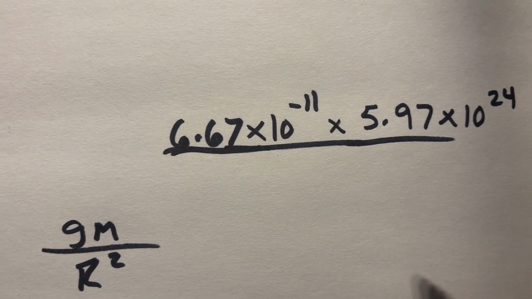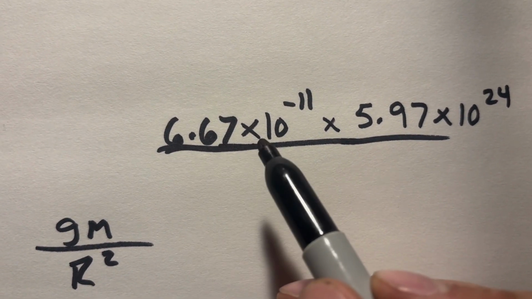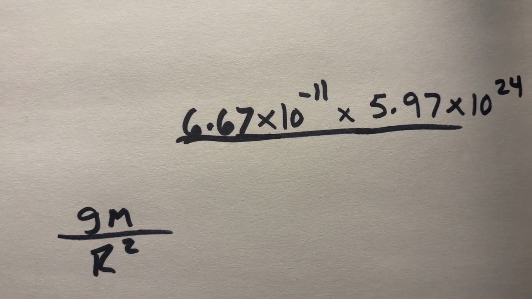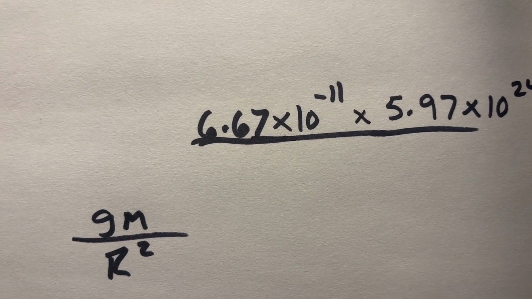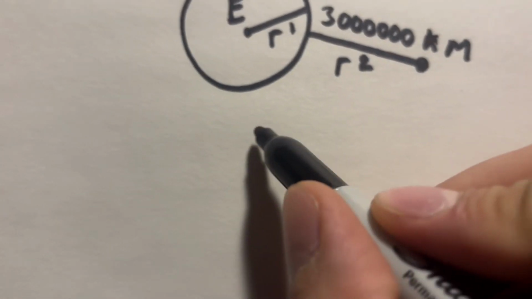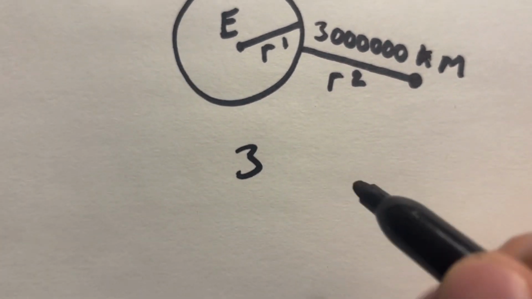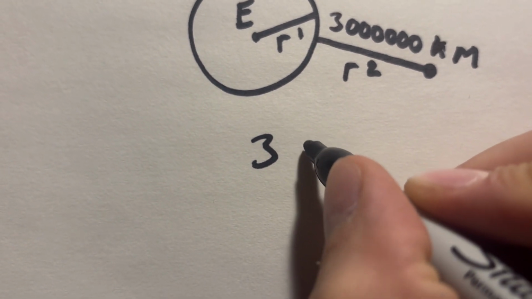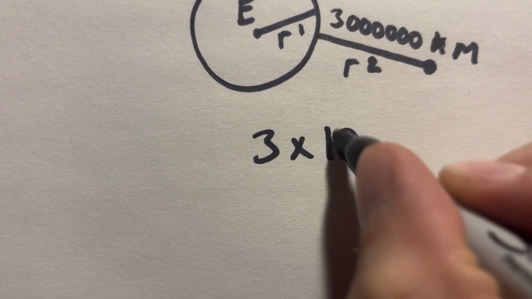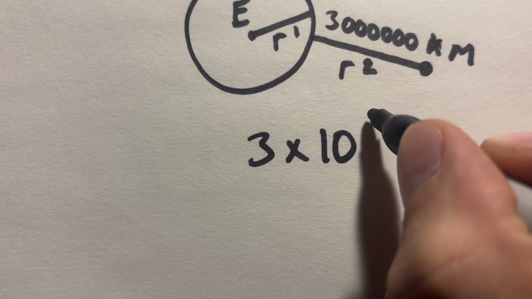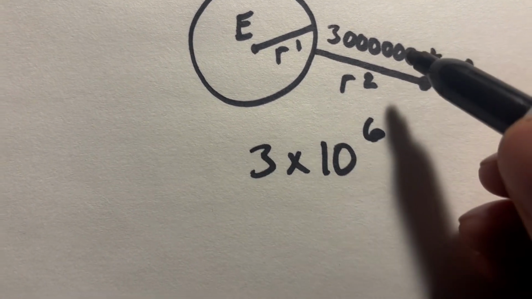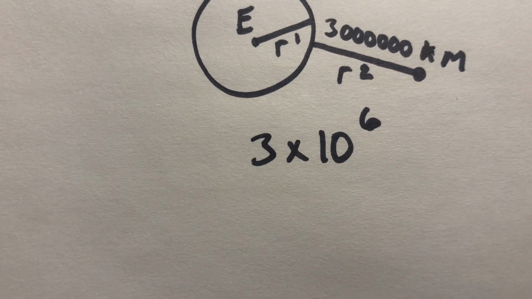We've got the equation: the gravity constant times the mass of the Earth. Now we're going to do the radius. You have 3 million, which can be written as 3 times 10 to the 6th, that's 6 zeros.